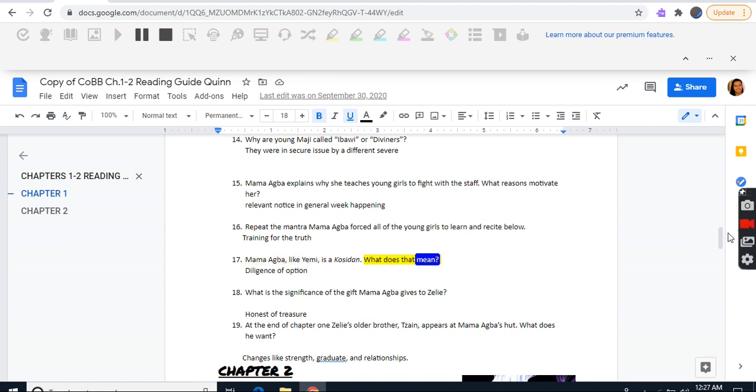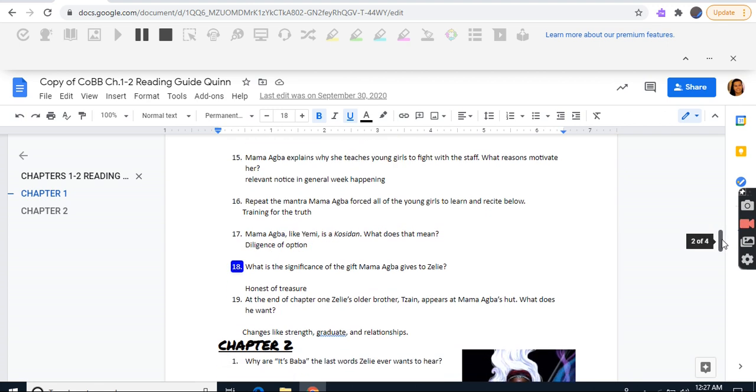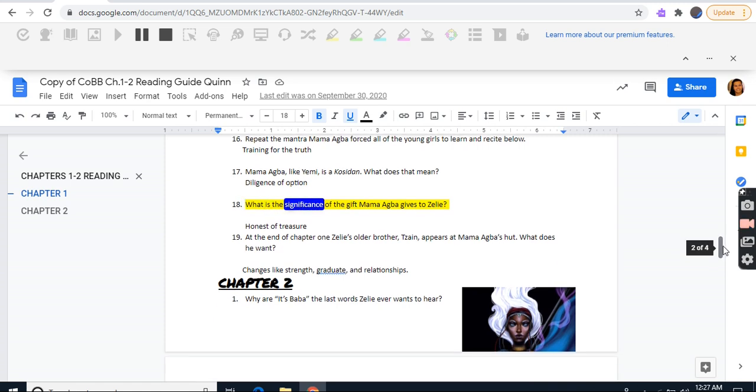What does that mean? 18. What is the significance of the gift Mama Agba gives to Zeeley? 19. At the end of chapter 1, Zeeley's older brother, Tzain, appears at Mama Agba's hut. What does he want?